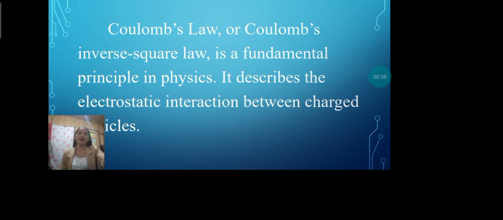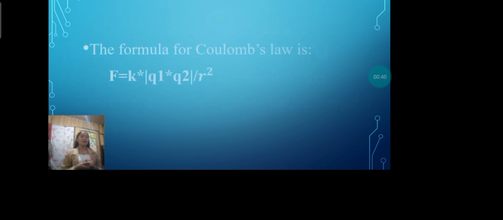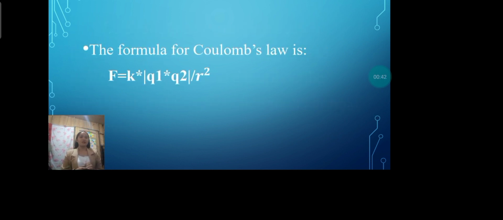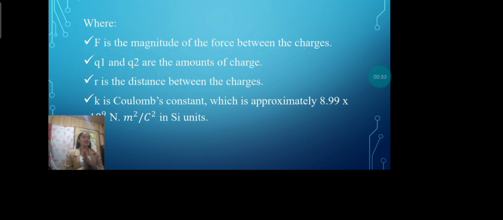Now let us find out the formula for Coulomb's law. The formula is F equals K times Q1 times Q2 over R squared. Here we have the values.